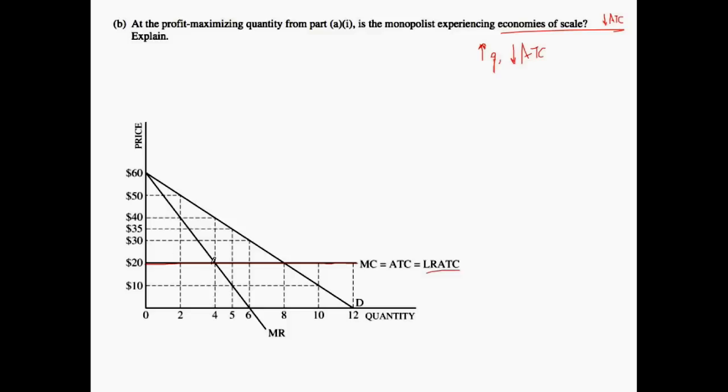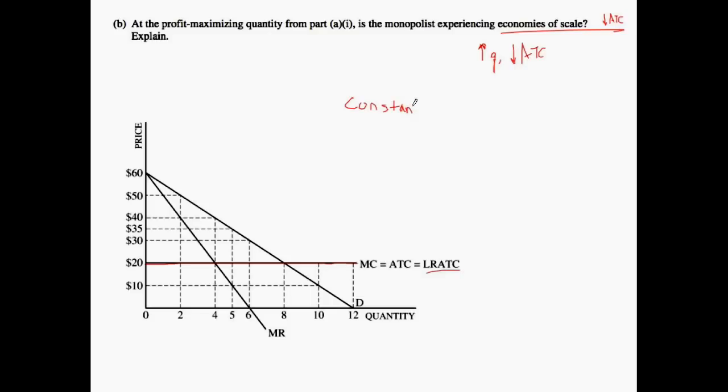And if it's 4, it's still going to cost me $20 per unit. So the main idea here is that with a constant long run average total cost, we are not experiencing economies of scale.